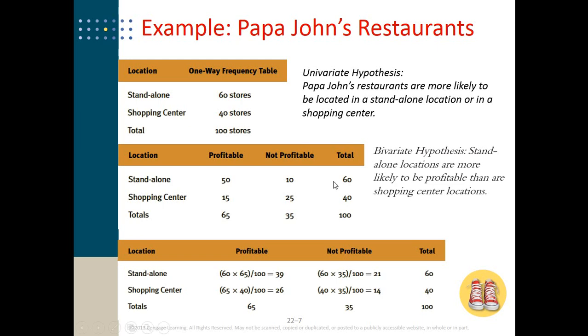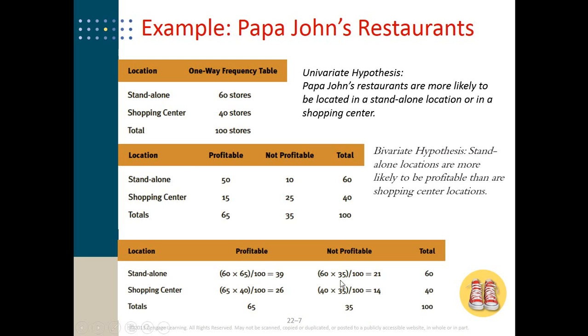And we just want to compare these two variables, whether there is any impact of location on profitability or not, by chi-square test. These are our actual frequencies, and now we calculate the expected frequencies. How do we do that? We multiply the row total with the column total, 60 times 65, and we divide it by the total 100.